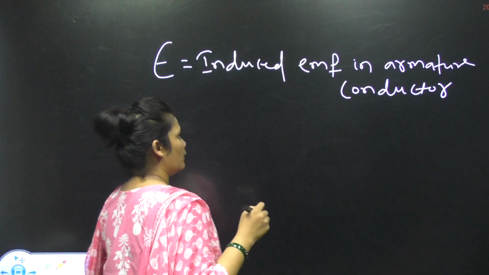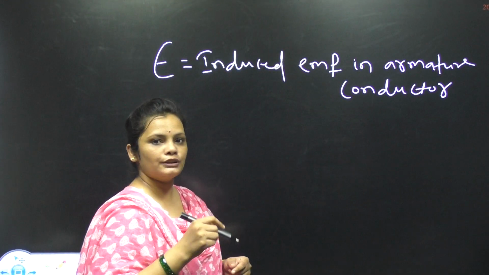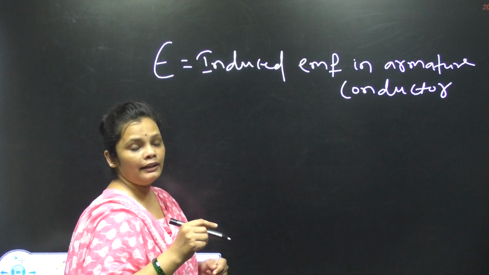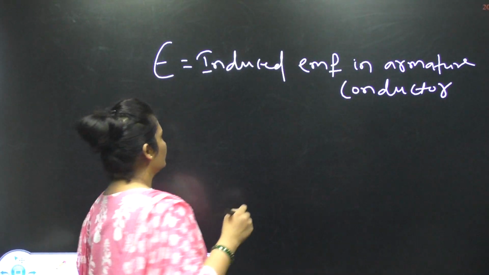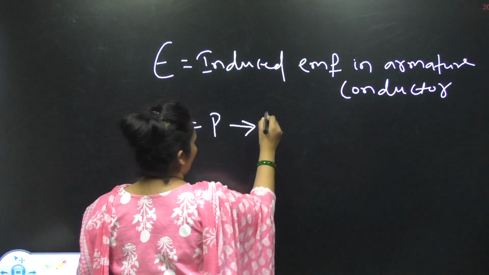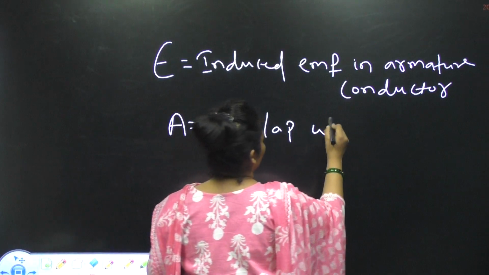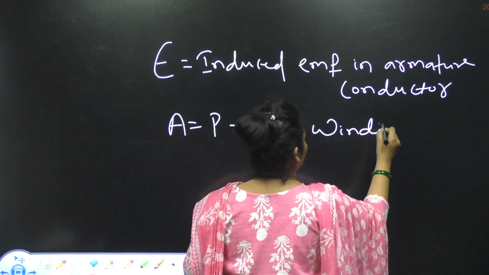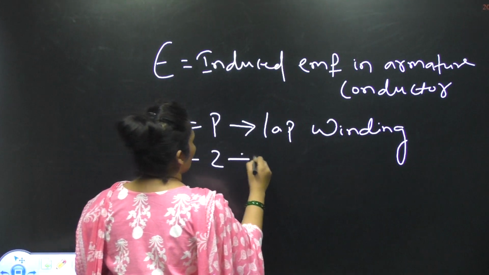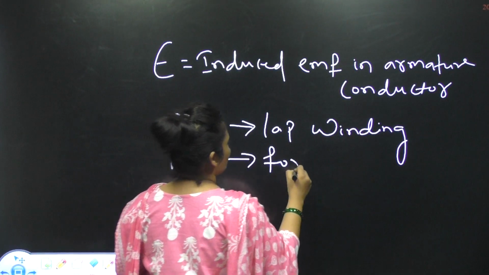And we know that armature winding has two types: one is lap winding and another is wave winding. So we take A equal to P for lap winding, and we take A equal to 2 for wave winding.